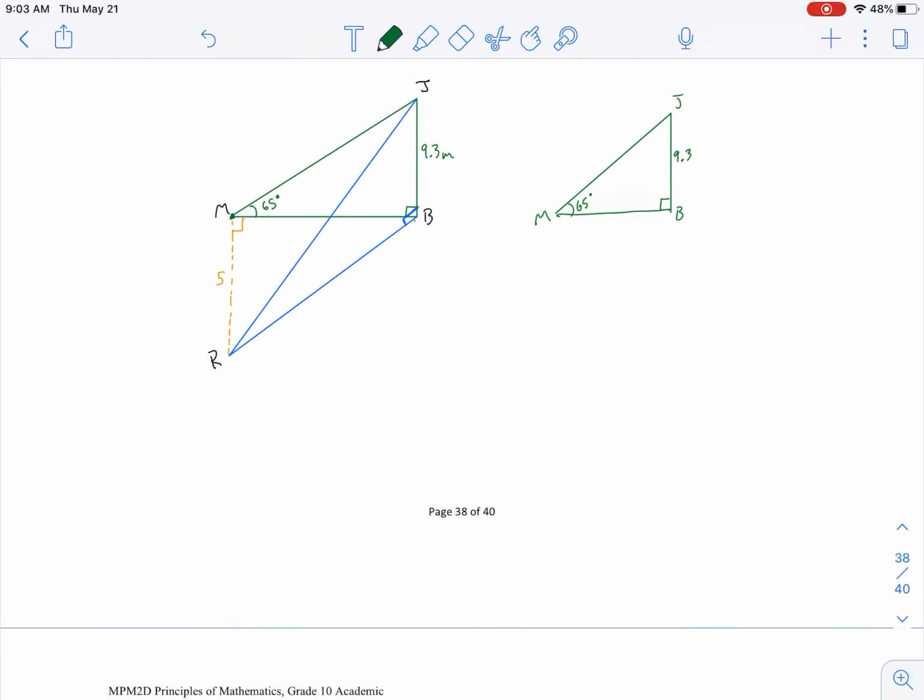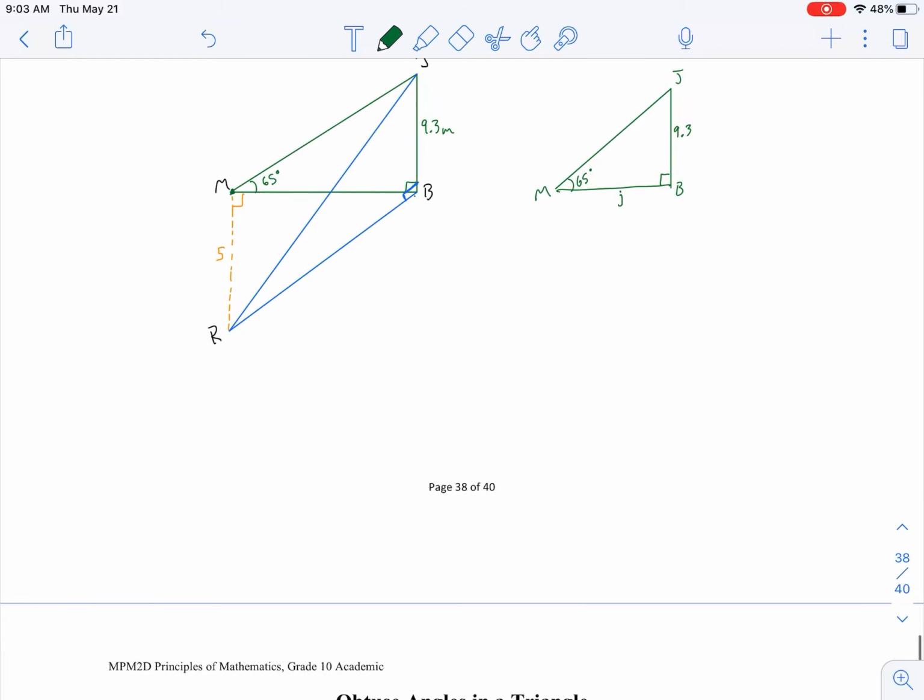So we want to find something that is common in another triangle. Notice how triangle MRB shares in common this MB length. So if I solve for length J, or side length MB, I have a piece of the puzzle that'll work in my next triangle. So I'm going to solve for length J here.